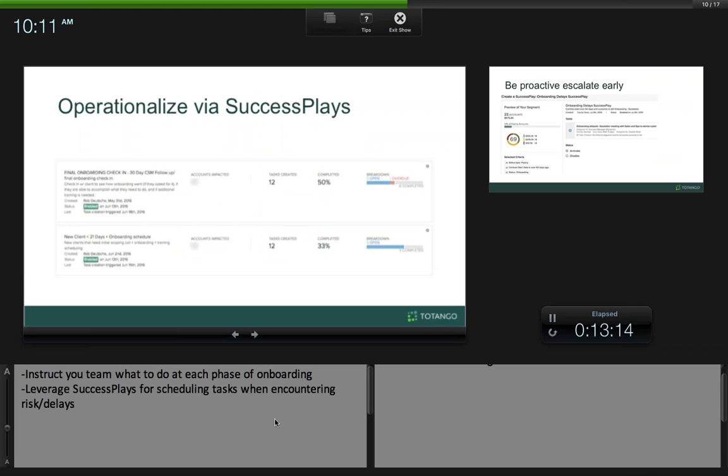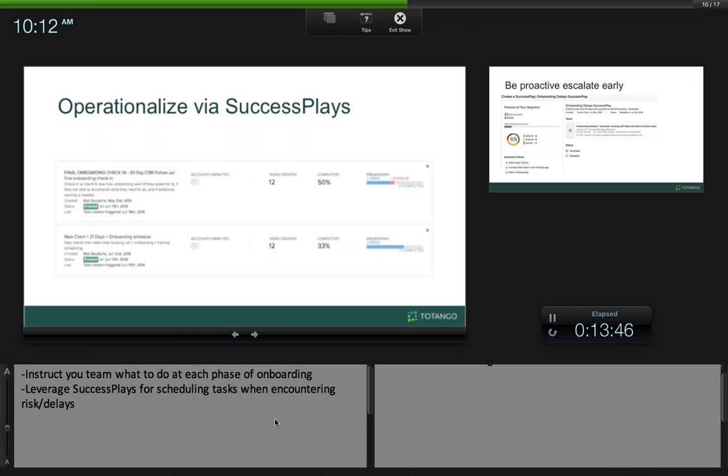Operationalization of onboarding. You can do that easily with success plays. So a lot of the steps that are very specific, and if there is a consistent process that the team follows, it's very easy to allow success plays to instruct your team on what to do at each phase of onboarding. This really simplifies and gets everybody on the same page to make sure everybody's consistently following the defined process by the organization.